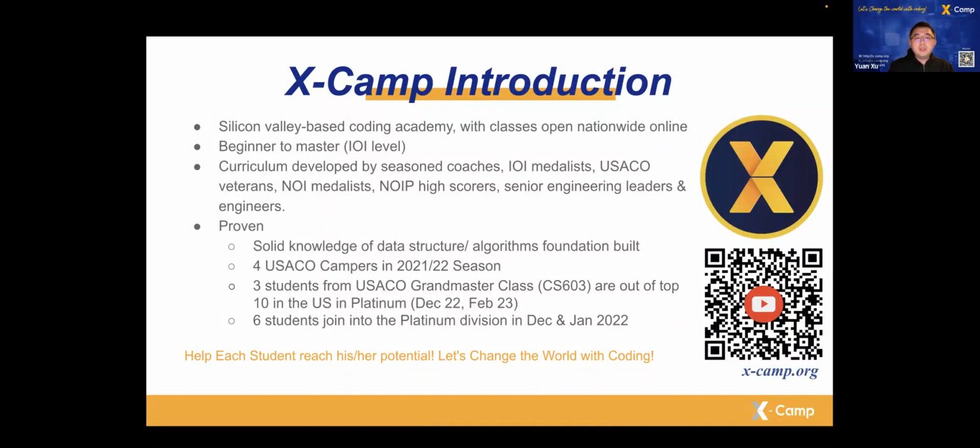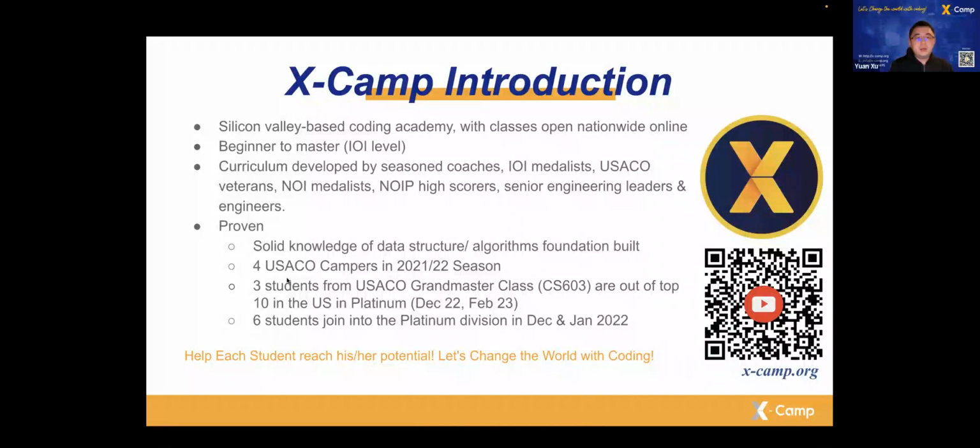First of all, XCamp nowadays is being treated as a solid place to gain computer science and data structure algorithm education. And also we have been having solid USACO camp records since 2 years ago, since the very first generation of students. So far, the number here is actually not 100% correct.